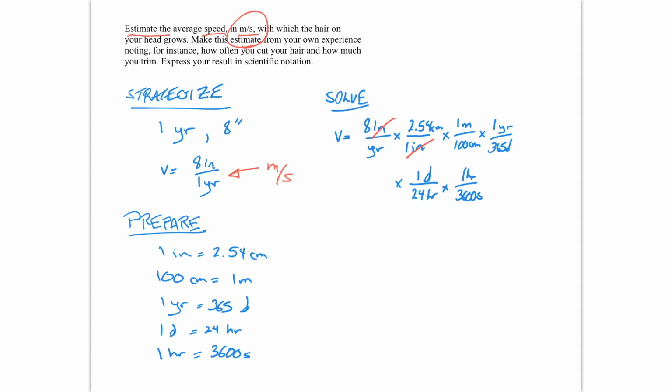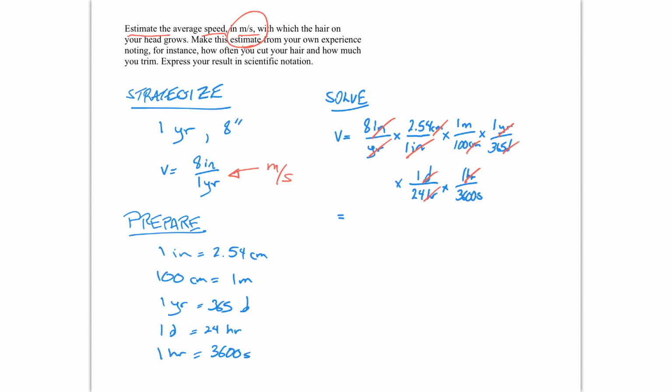So each one of these factors allows us to cancel a unit. Okay, so we're going to cancel centimeters and be left with meters. We're going to cancel years, and we're going to be left with days. And we're going to cancel days, and we're going to be left with hours, and we're going to cancel hours and be left with seconds. And so when we multiply all this out, we're going to get a speed in meters per second.